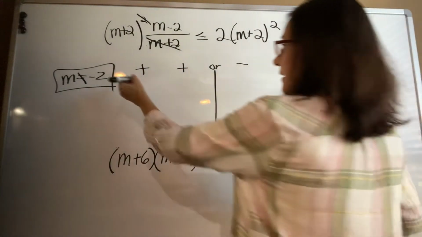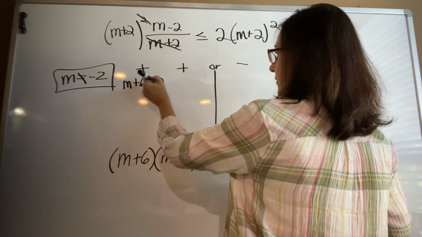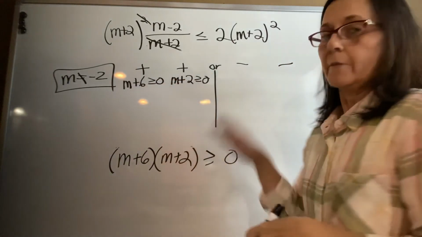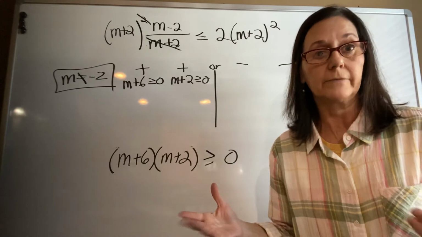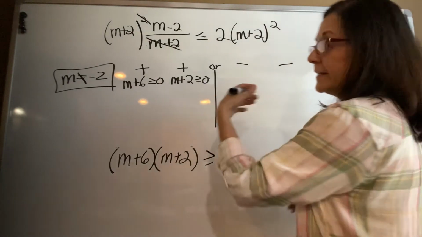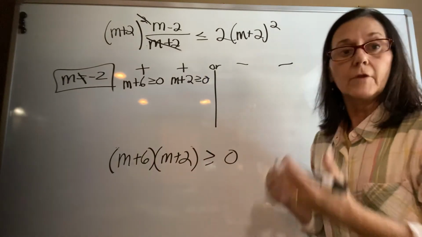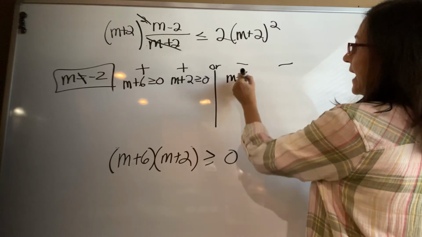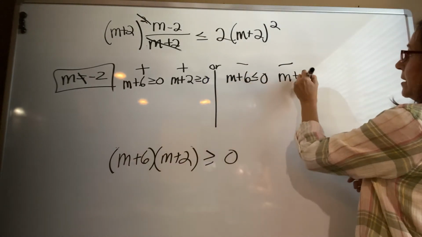All right, so for m plus 6 to be positive, it's greater than or equal to 0. M plus 2 to be positive, greater than or equal to 0. Remember, on the greater than side, we're choosing the largest number. On the less than side, we're choosing the smallest number. For m plus 6 to be negative, it has to be less than or equal to 0, the same with m plus 2.